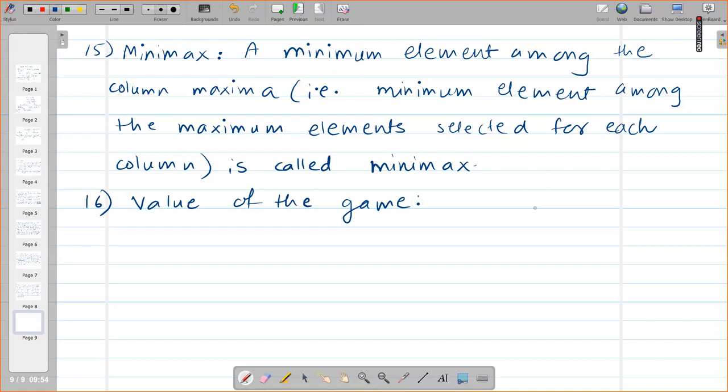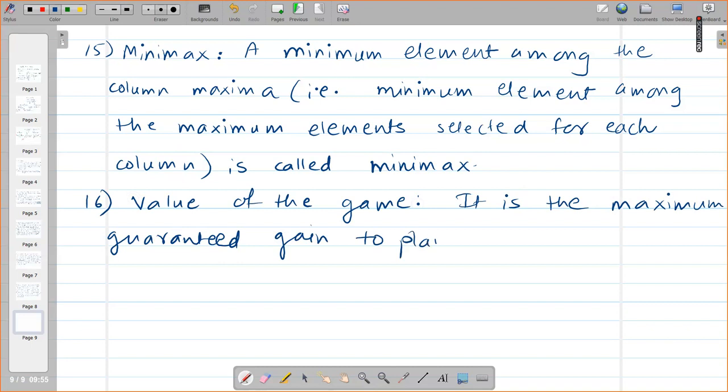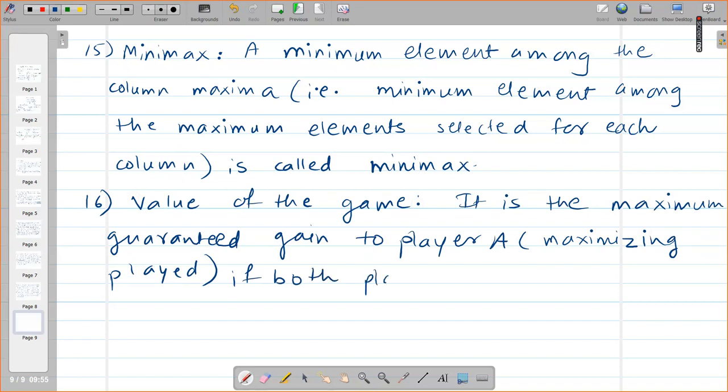It is the maximum guaranteed gain to player A, who is called the maximizing player, whose objective is to maximize his gain, if both players use their best strategies.